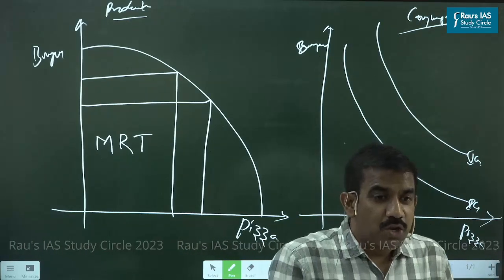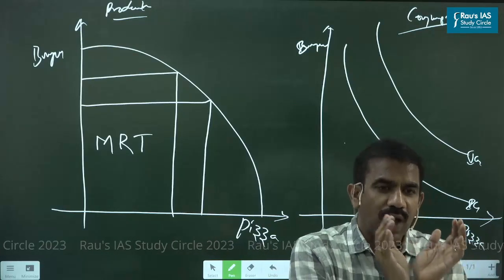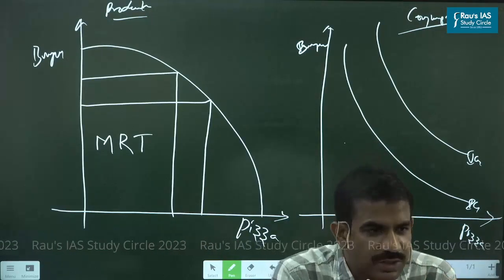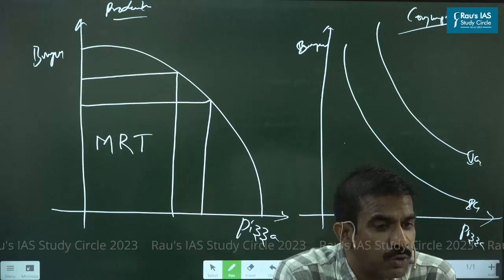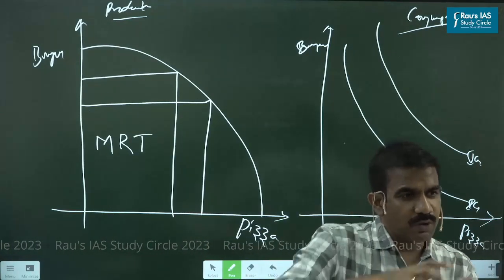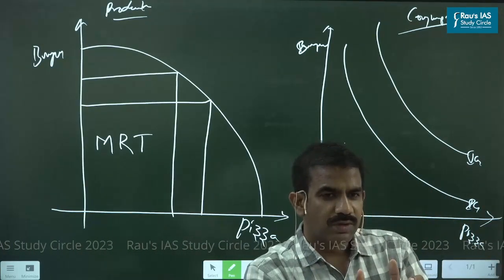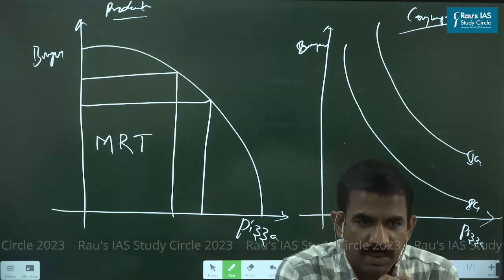Transform does mean you could transform a pizza to a burger. It does mean you have a given set of resources and you could only produce two types of goods. Isn't it? Every time you're trying to transform a pizza into a burger, it does mean you're losing some opportunity to produce an extra pizza. Am I right? Yes or no?